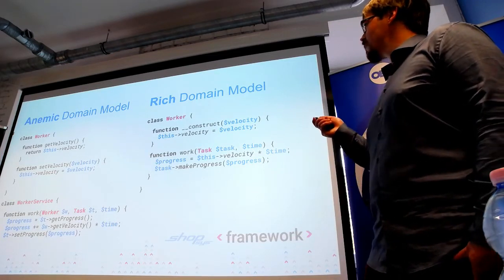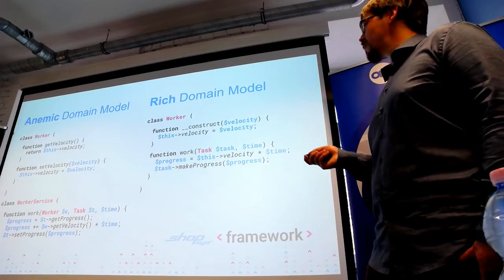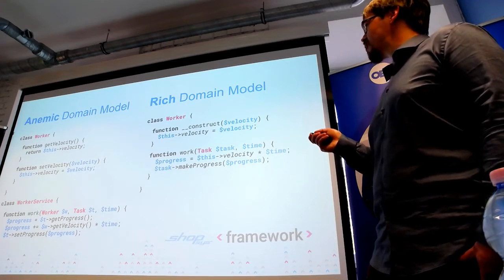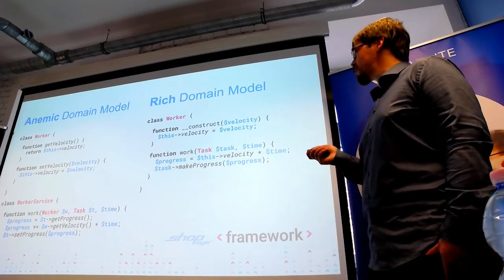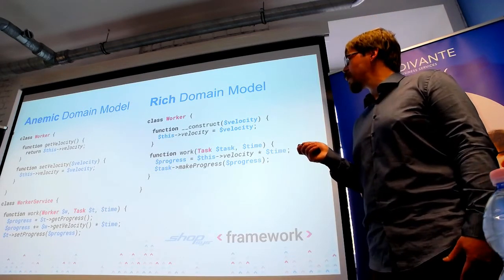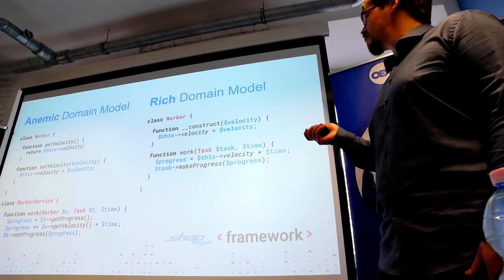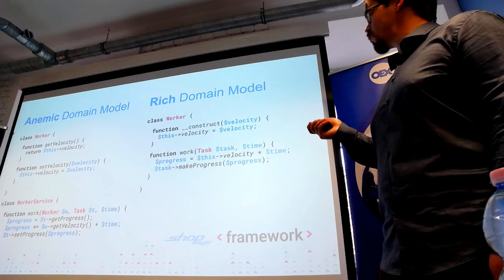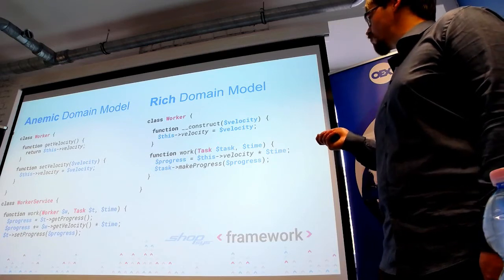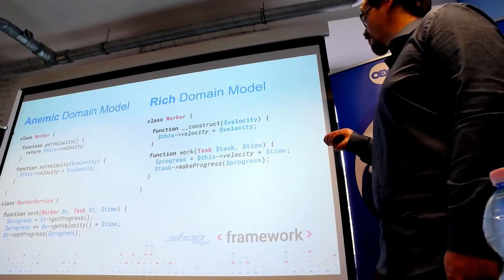On the other hand, in the rich domain model, we have a class Worker here, which is directly constructed with this velocity and cannot be changed in its lifetime. And we have a meaningful method work, which means that this worker can work on a task for some time.